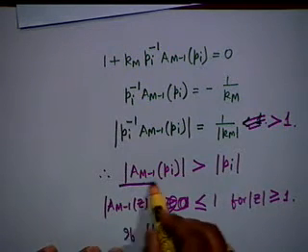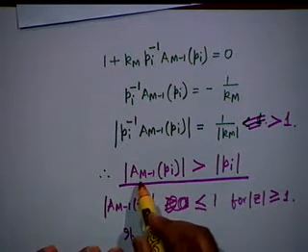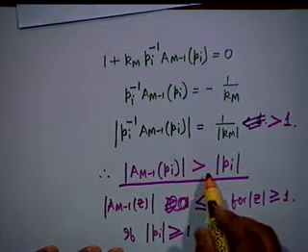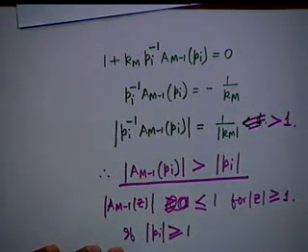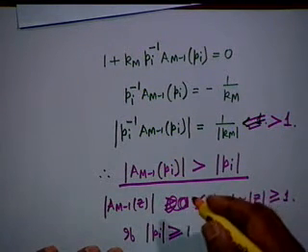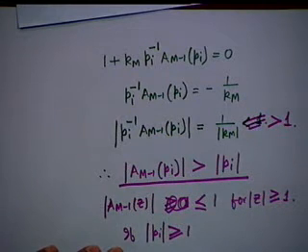Agreed? But this shows that A_{M-1}(p_i) should be greater than magnitude p_i. That is, it should be greater than 1. Therefore, these two are contradictory.